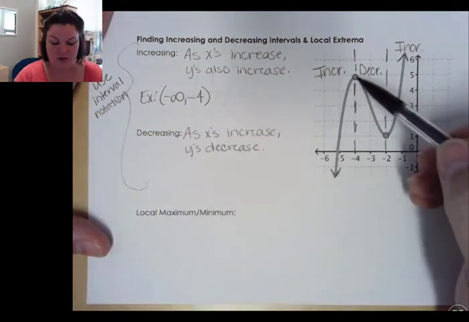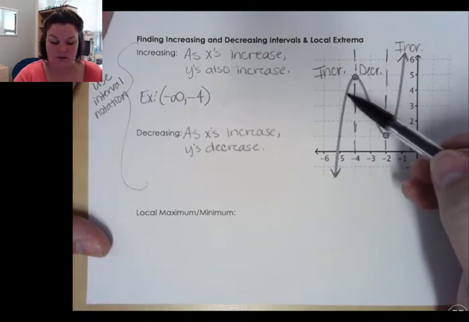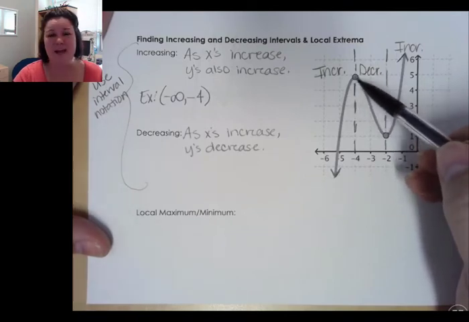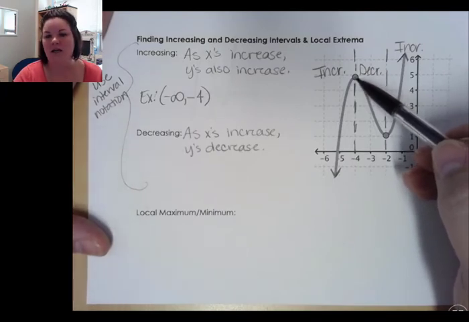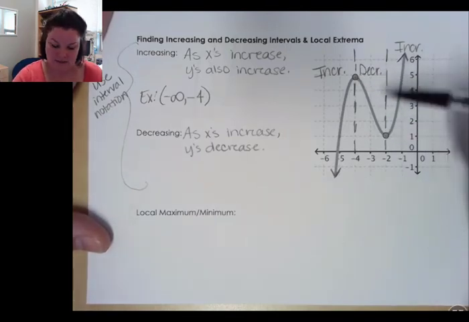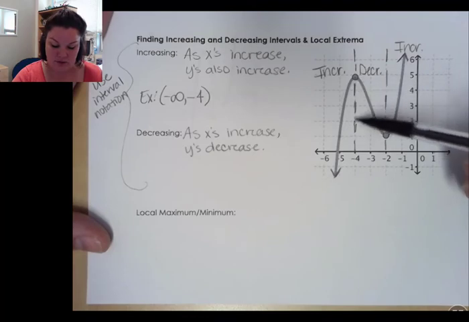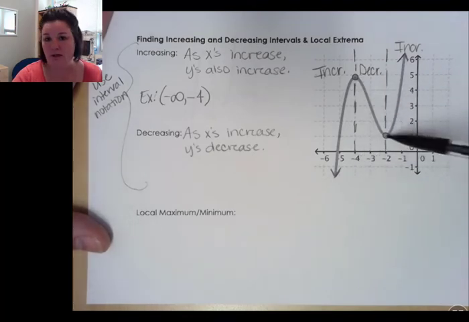And I'm not going to include -4 because that's a turning point, right? It's going from increasing to decreasing. So it can't be both increasing and decreasing at -4. So we're just not going to include those turning points, okay? Then I notice that it starts decreasing, right? So it's decreasing from this point, which has an x value of -4, over to this point, which has an x value of -2.